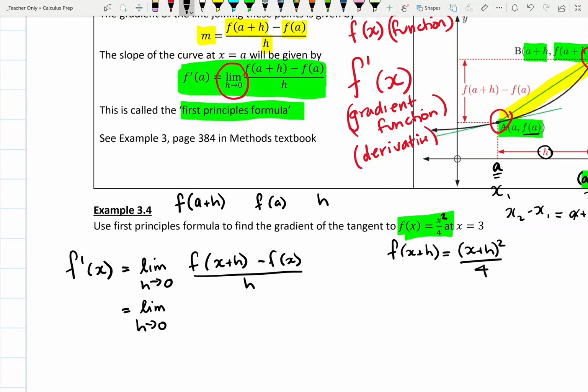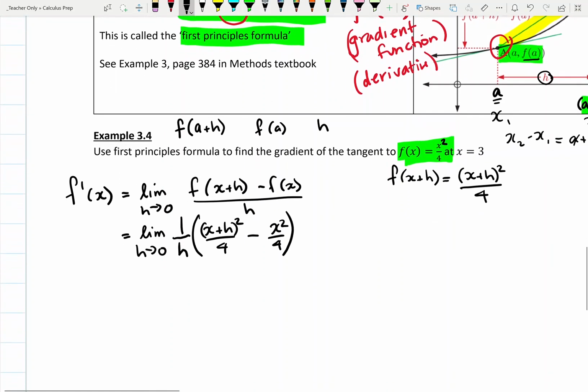Now, f of x plus h is x plus h all squared on 4 minus f of x, which is x squared on 4, all divided by h. Now, if you have fractions in your numerator, rather than dividing by h, it's much easier to put your numerator in a set of brackets and multiply by 1 on h. It's much easier to work with.